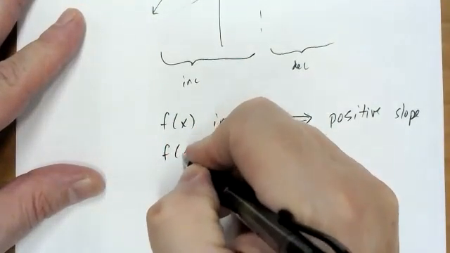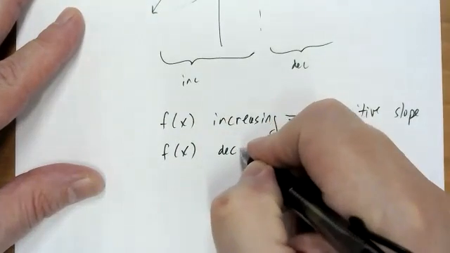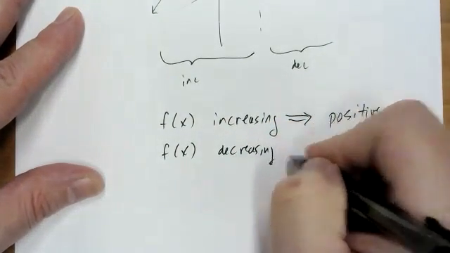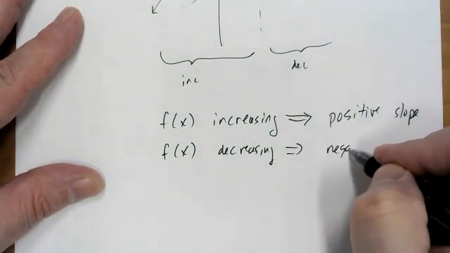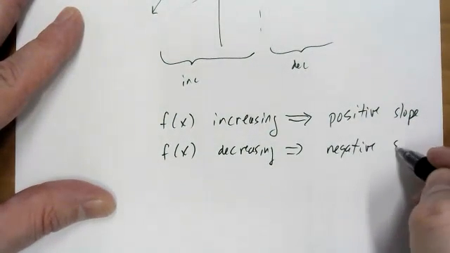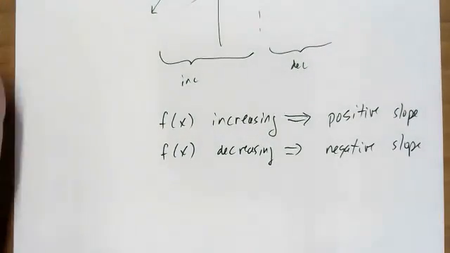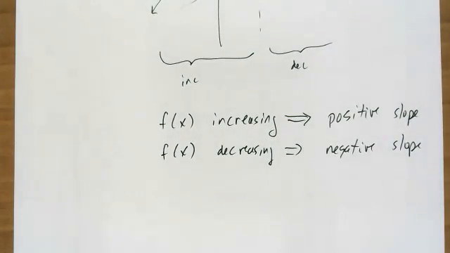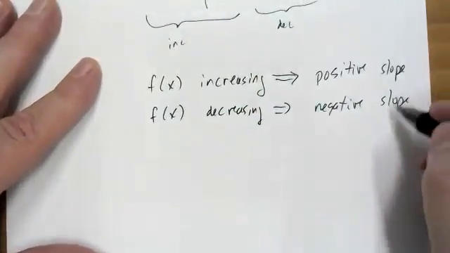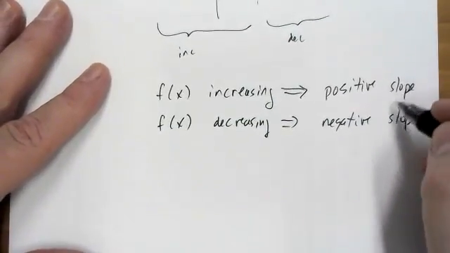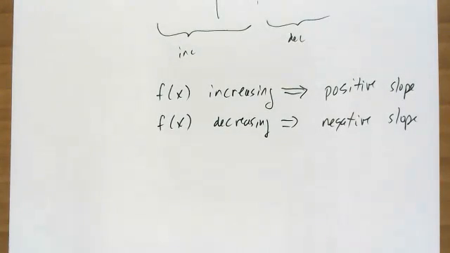And therefore, f of x decreasing is the same thing as a negative slope. Now, slope is used a lot in math, and you can do lots of calculations of slope. We're not going to do that now.